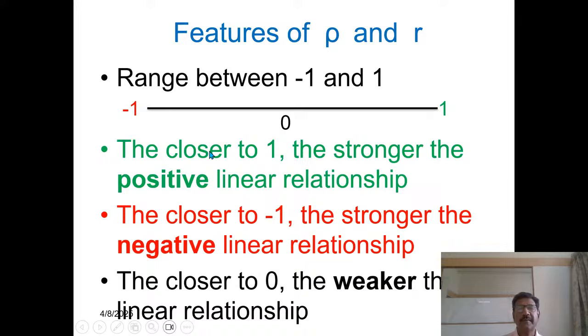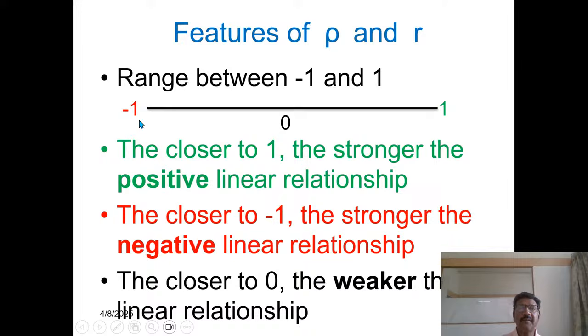If it is near +1, it is a stronger positive linear relationship. If the value is closer to -1, it is a stronger negative linear relationship. On both sides, it is stronger only.